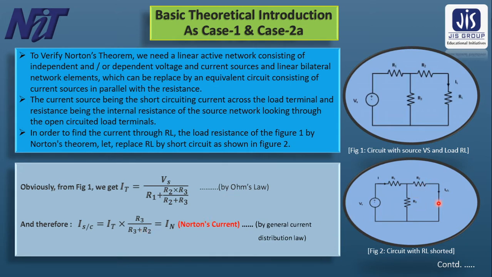In the second circuit, where we replace the load by a short circuit, we apply the general current distribution law and find the short circuit current ISC, which is also called IN, the Norton current. It will be given by the total current multiplied by the ratio of the effective resistance R3 by the summation of these two, R3 plus R2.